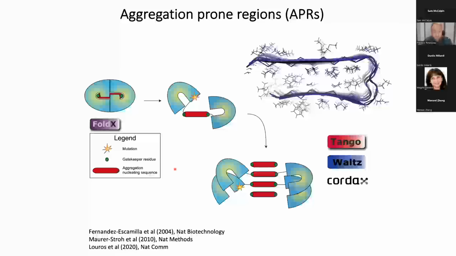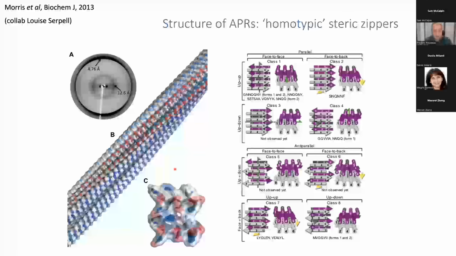Of course, at the time we were first doing this, so beginning of the years 2000, 2002, 2005, etc., and until very recently, most of the structural information was on such APRs that were identified in a whole series of amyloid proteins, disease-related, but also functional.